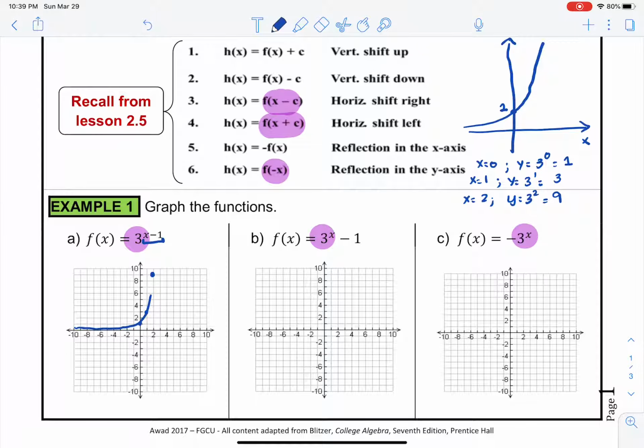And it's going to go like that because it's exponential growth. Since we are going to subtract 1 from x, the curve is going to shift to the right by 1 unit.